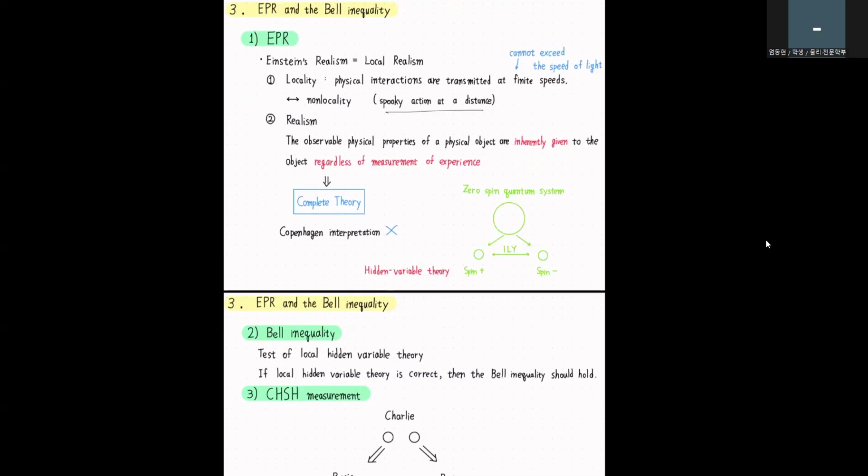Instead, all of the different outcomes exist simultaneously in a superposition. So it rejects the Copenhagen interpretation completely.